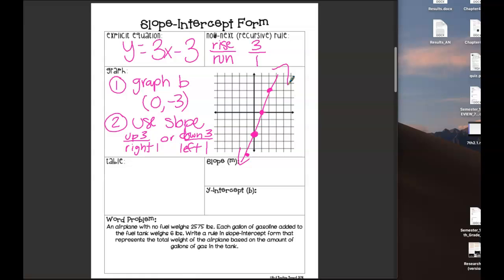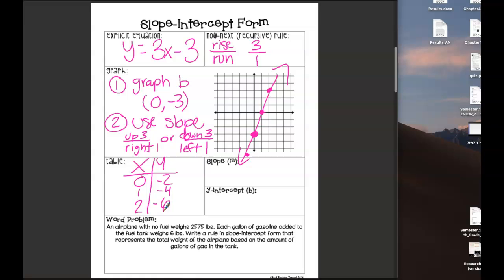Okay, what happens if I gave you a table like this? These are my x's, these are my y's. I'm going to say x is 0, y is -2, x is 1, y is -4, x is 2, y is -6.